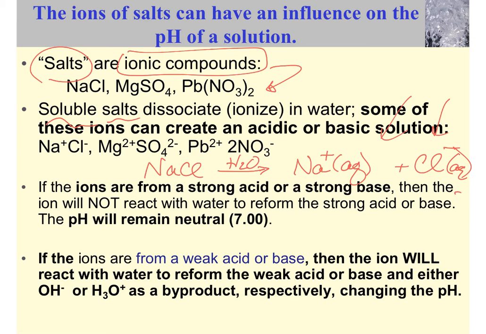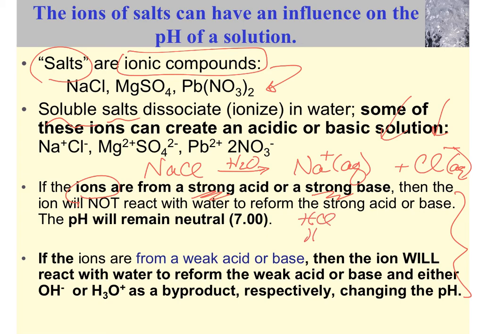I'm going to give you a summary of the rules first, and then I'm going to explain them to you. It turns out that if an ion is derived from either a strong acid or a strong base, the key word being strong, so again, you have to have the strong acids and bases memorized, okay?